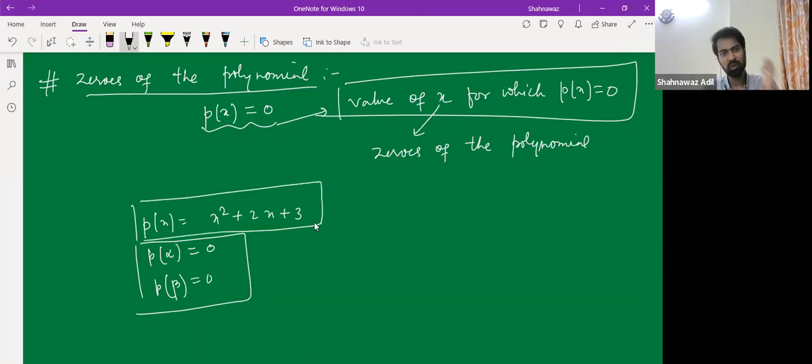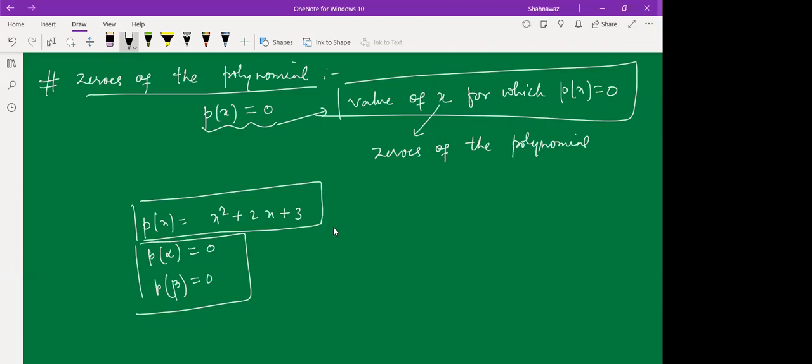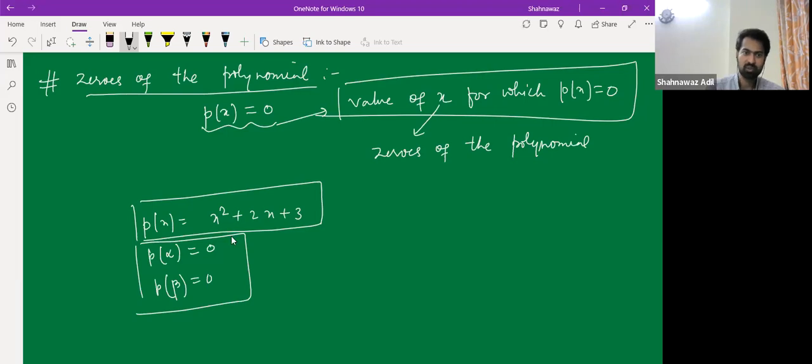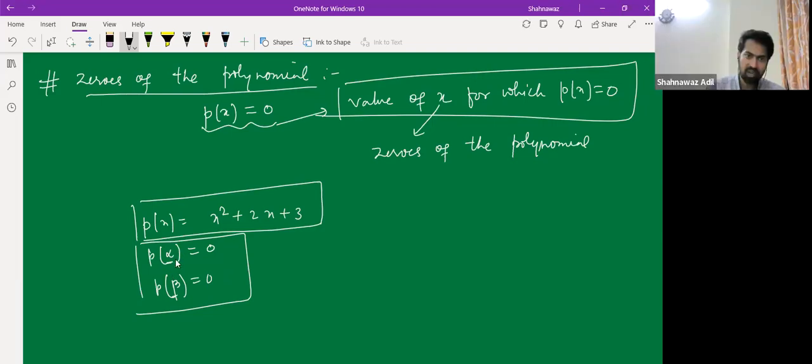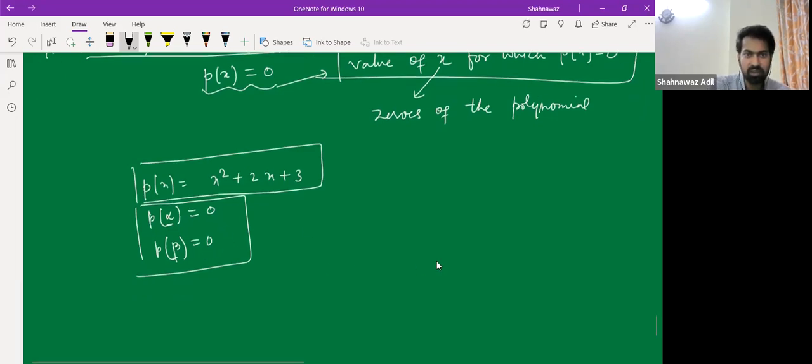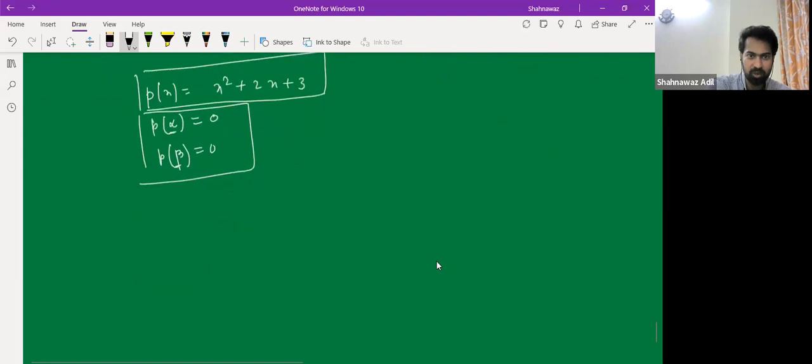What is the degree of this polynomial? 2. So I will have two zeros, right? Two x values would give me p(x) equals 0. So for whatever value of x we get p(x) equals 0, those are the zeros.